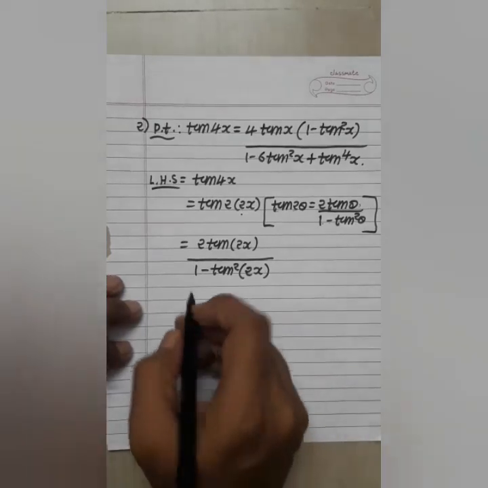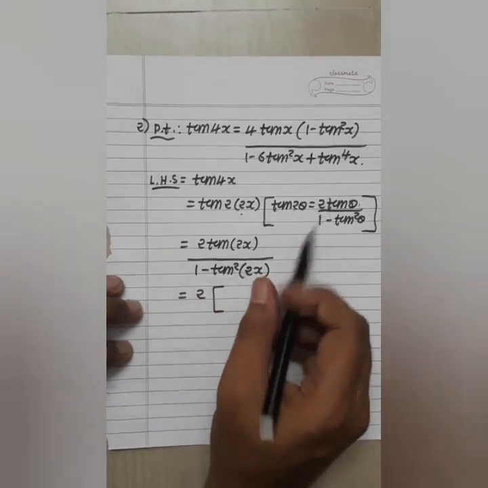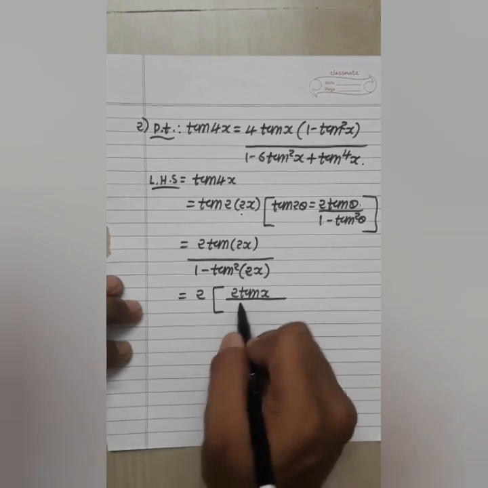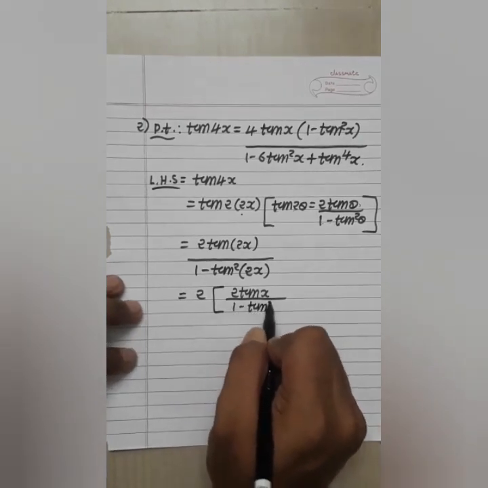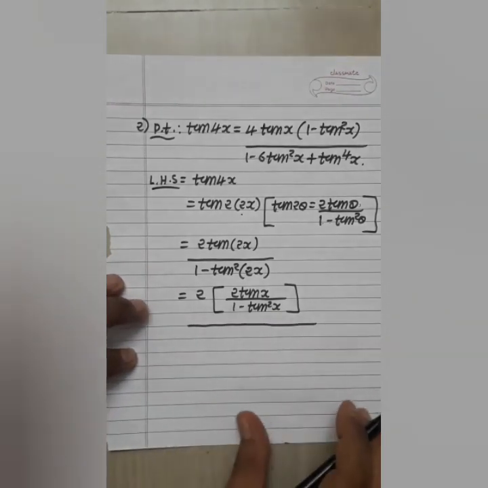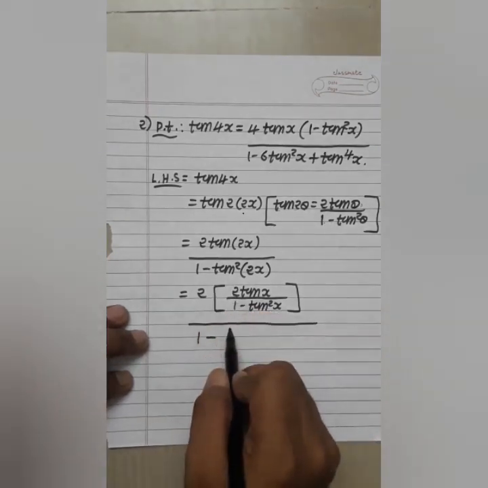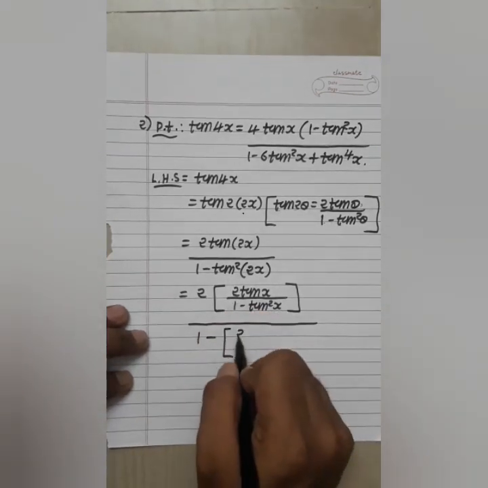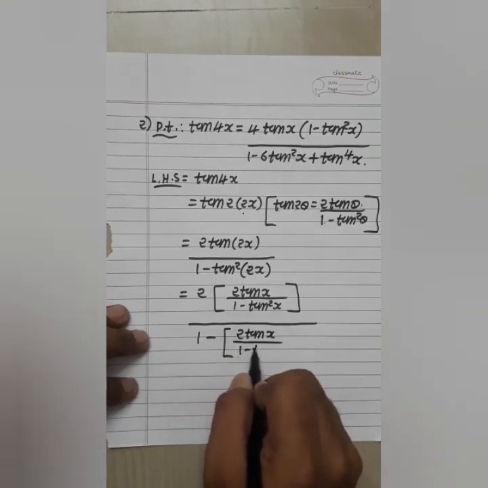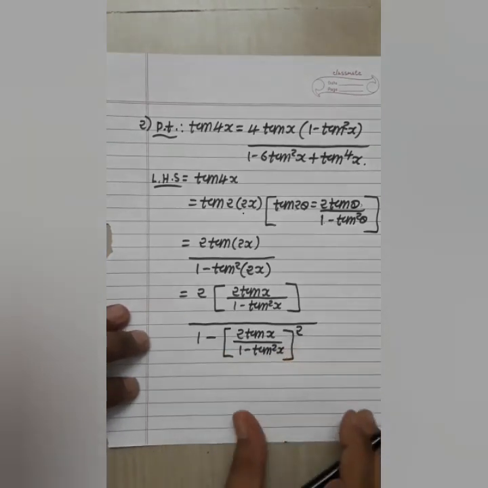So here it is equal to 2 into bracket tan 2x, in place of it writing 2 tan x upon 1 minus tan square x, bracket over, upon in the denominator 1 minus tan 2x, in place of it writing 2 tan x upon 1 minus tan square x, whole square is present, so we write here whole square.